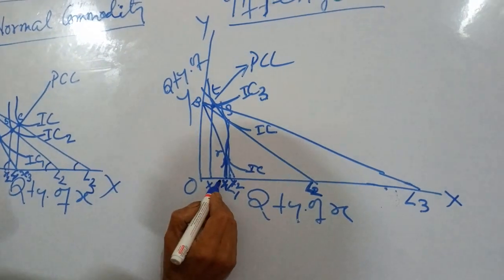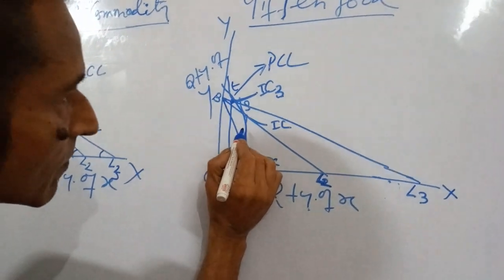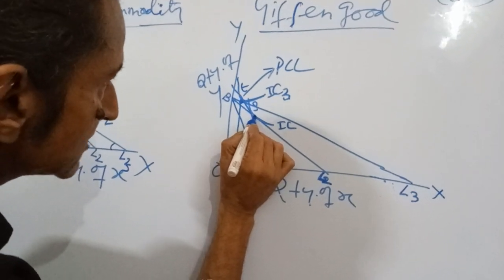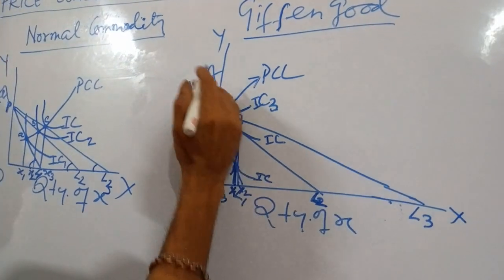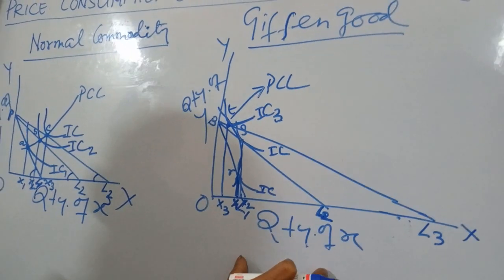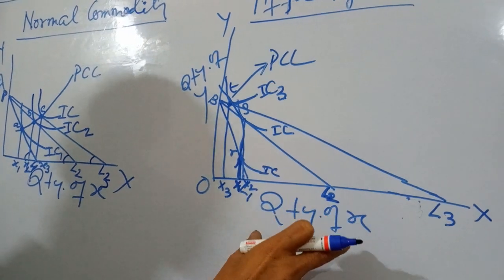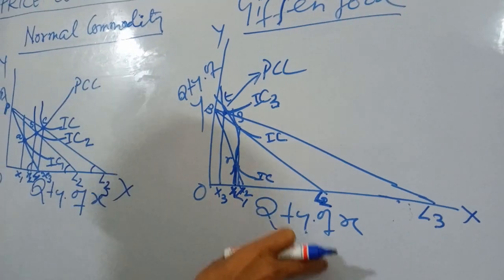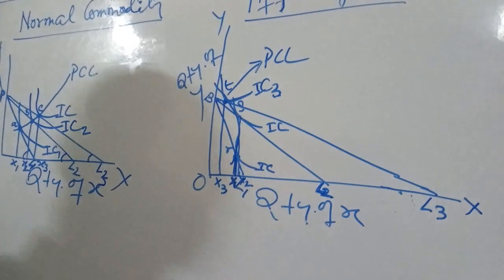The curve starts from here. After R, it slightly goes to the right, and after S, as the consumer moves to BL3, the curve becomes leftward bent. So when X is the Giffen good and we are considering the effect of a fall in the price of X on consumption of X, the price consumption curve will be leftward bent towards the y-axis.